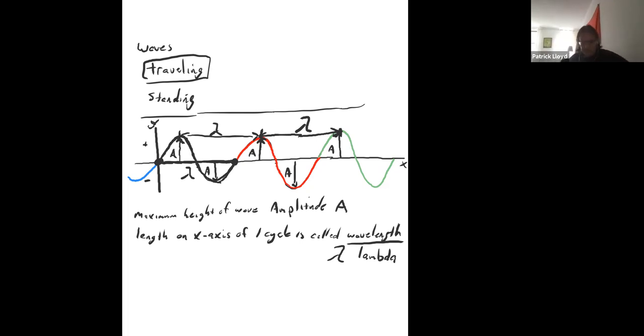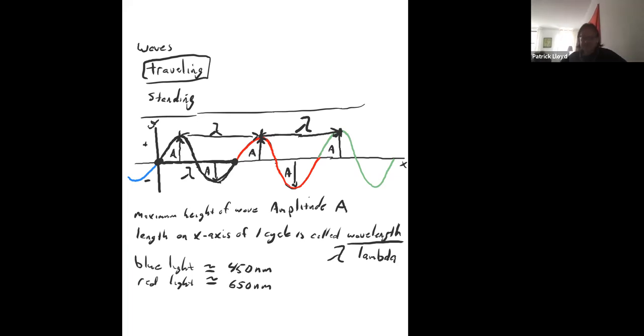Blue light is around a wavelength of 450 nanometers, and red light is around 650 nanometers. Those are the wavelengths of just a couple of colors. It's not exactly 450, it could be 440. It's a range of wavelengths that gives you the colors.